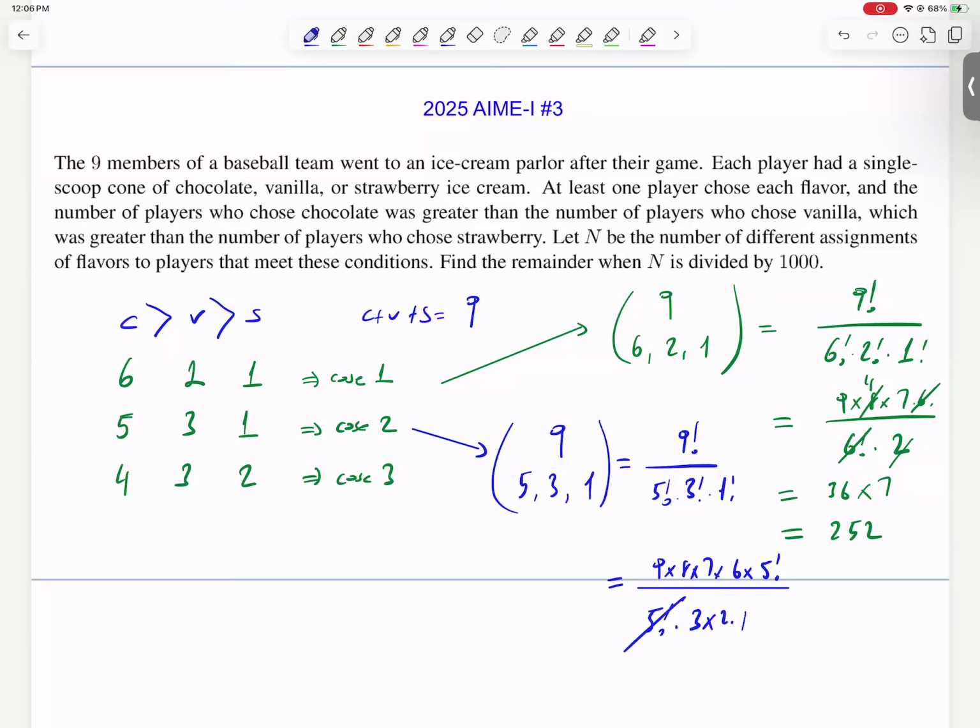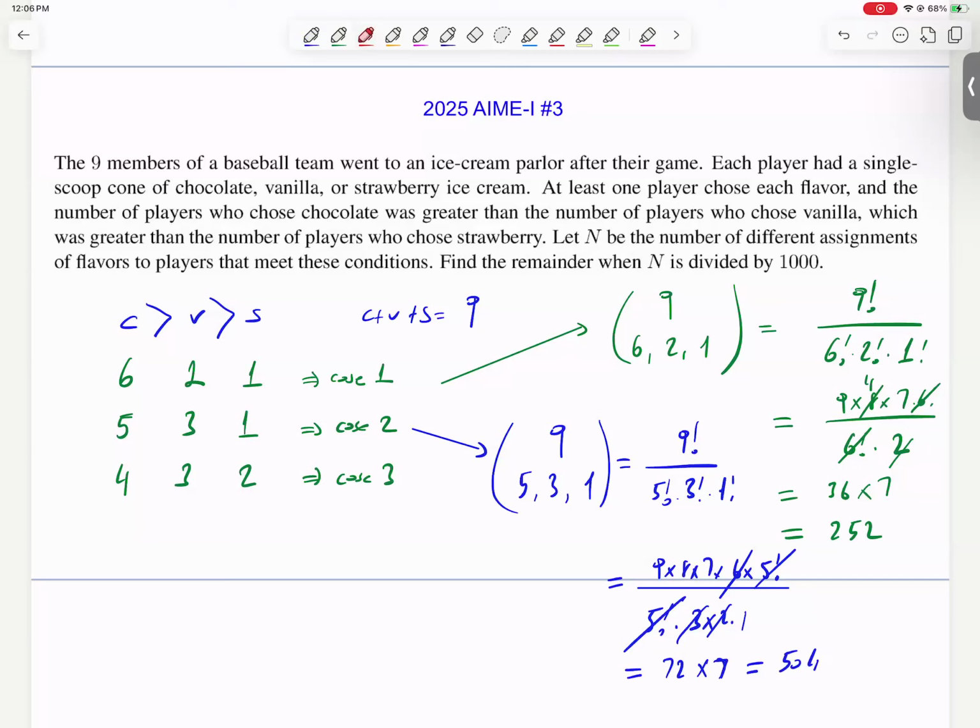If we simplify, 3 times 2 is 6. This is equal to 72 times 7, which is 504 in the second case.